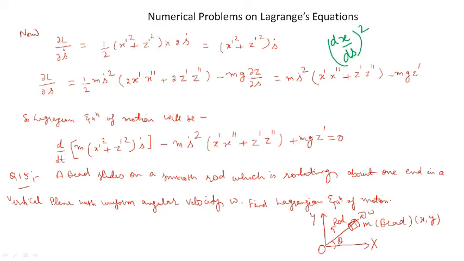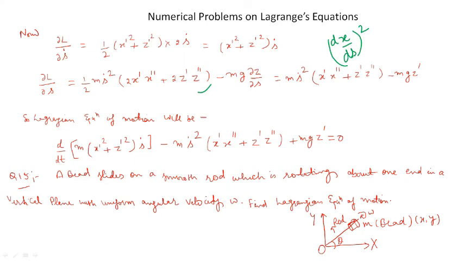So when we differentiate it with respect to s, it comes out to be twice dx over ds into d2x over ds2. So dx over ds is equal to x dash, and d2x over ds2 we have considered as x double dash. Similarly, with z dash and z double dash values, we can find the value of del L over del s.